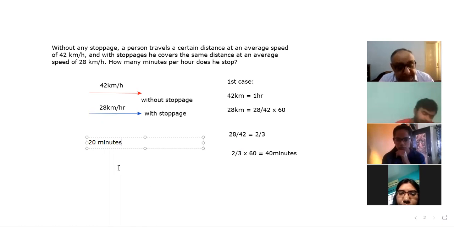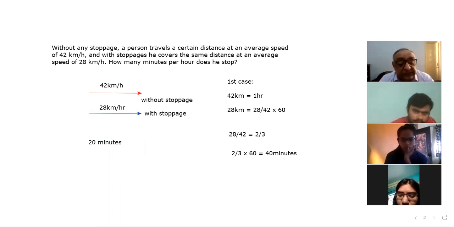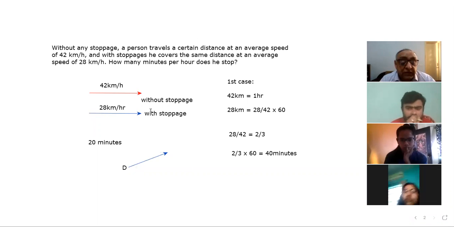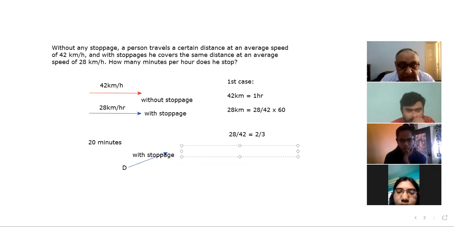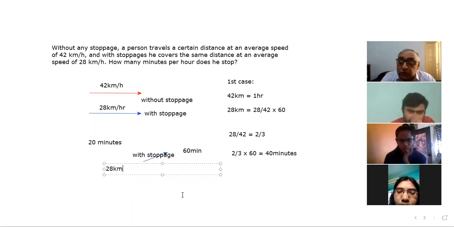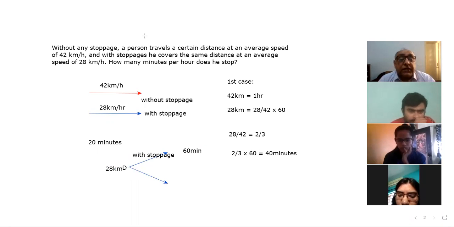Let us say d is the distance. So the time taken without stoppage, and the time taken with the stoppage. First, let me write it. With stoppage, the time is 60 minutes, and let us take d as 28 kilometers. So with stoppage, the time taken is 60 minutes, and without stoppage, the time taken is 40 minutes.